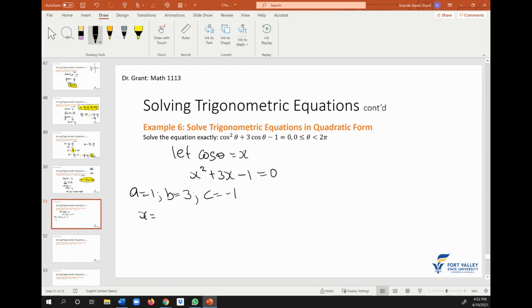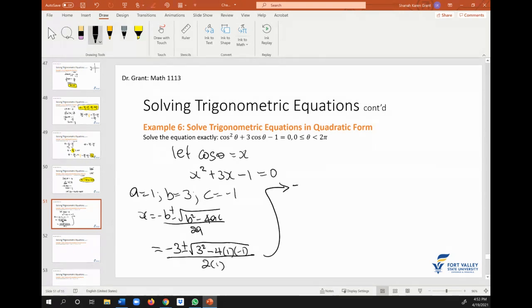So recall, this is our formula. Plugging in, we'll have -3 plus or minus the square root of 3 squared minus 4 times a times c, and this will be all over 2 times 1. Okay, and so this becomes -3 plus or minus the square root of 9 plus 4, since minus times minus becomes a positive, divided by 2.